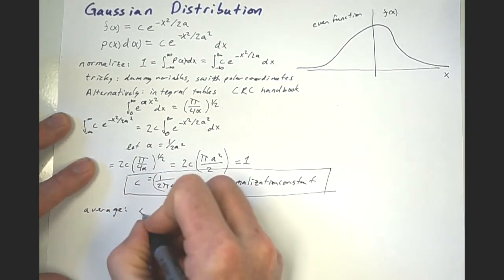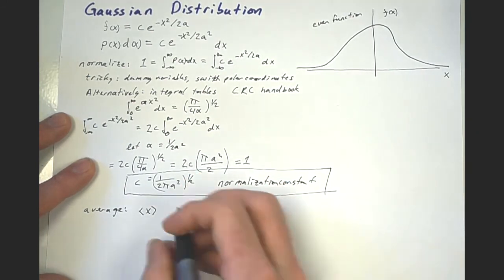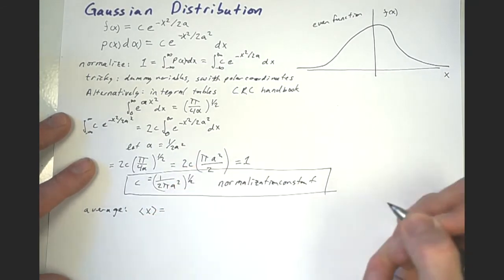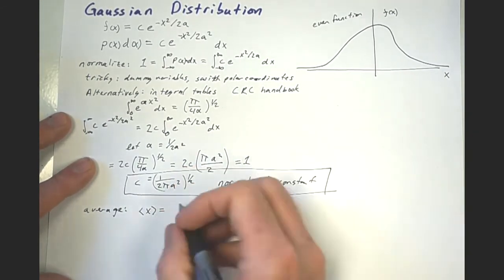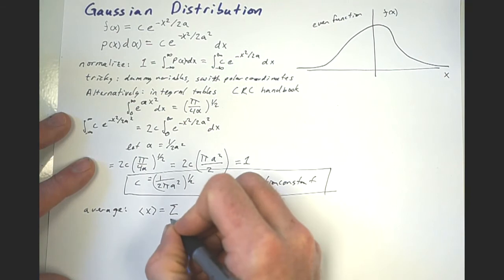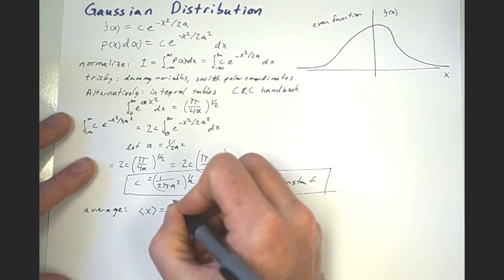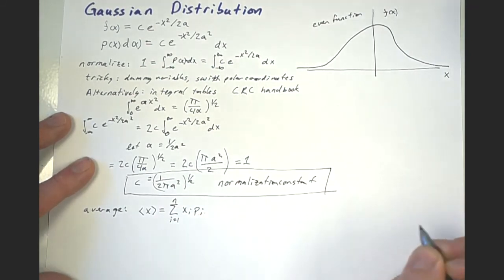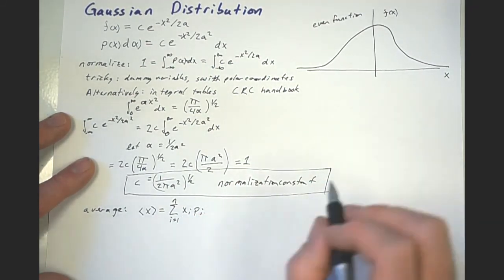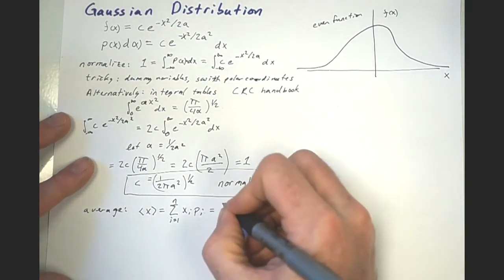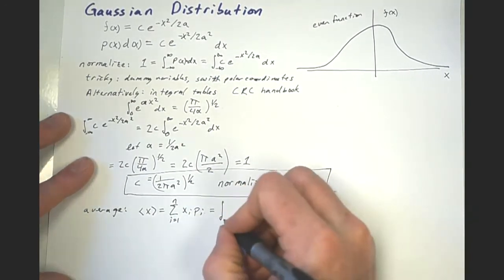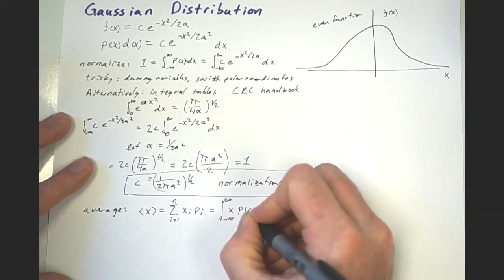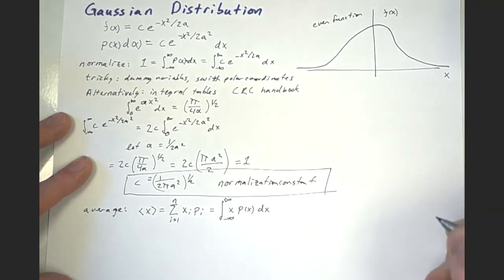The average of a Gaussian, which we indicate with these angle brackets, is the sum over all possible outcomes x times the probability of that outcome. And since we have a continuous function, we can define this as an integral: x times the probability of existing at x.